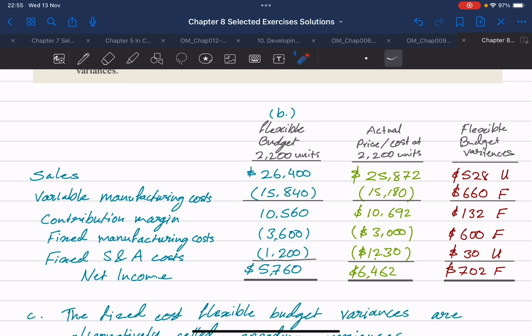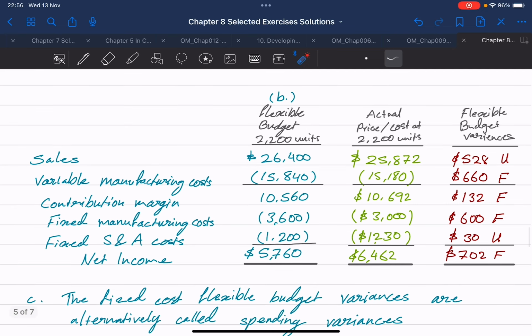And who's responsible for this? Most likely, you could say that the higher sales resulted from the sales team of the company as a strategy. Also, the reduction in the variable manufacturing cost probably resulted from actions taken by the production manager and maybe the purchasing team in the company. The fixed manufacturing costs also were reduced, which is a positive thing.